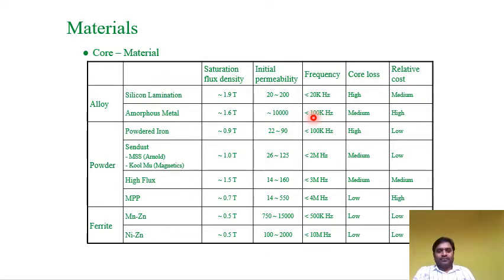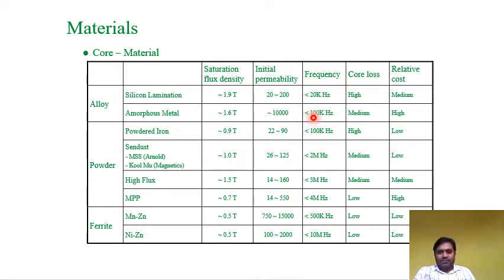The next core is the powder iron core. Powder iron core is made of iron powder mixed with different materials, and the iron powder core is insulated. The saturation flux density in this is nearly up to 0.9 Tesla, but we never design any component to the max limit.